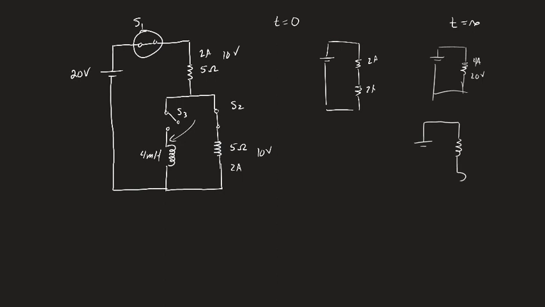This is what the circuit looks like after the long term, where this has a resistance of 0. This is our 5 ohms. So there must be 4 amps passing through the inductor. It's in series with a resistor that is also seeing 4 amps of current.